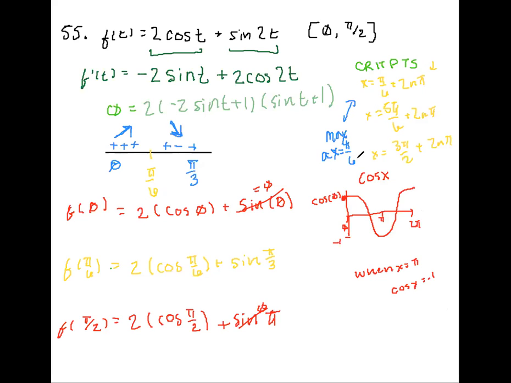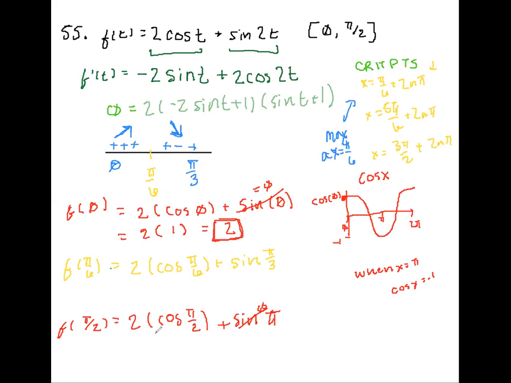Yes, I'm so sorry, I was thinking of the wrong part of this problem. You are correct. So this is going to be 2 times cos 0, which is 1, plus 0, so this is going to be 2.